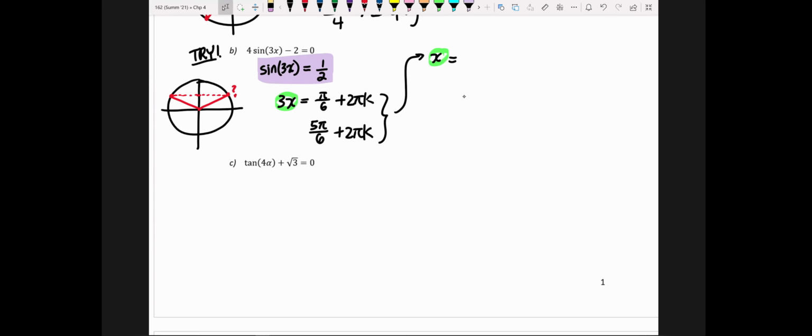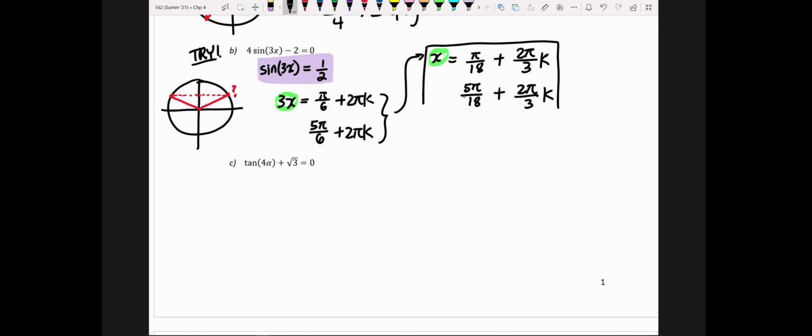So dividing by 3 means multiplying by 1/3. So we get pi over 18 plus 2 pi over 3 times k. And then we have 5 pi over 18 plus 2 pi over 3 times k. So to get x by itself, we need to multiply both sides by 1/3. And now we have all solutions for x.